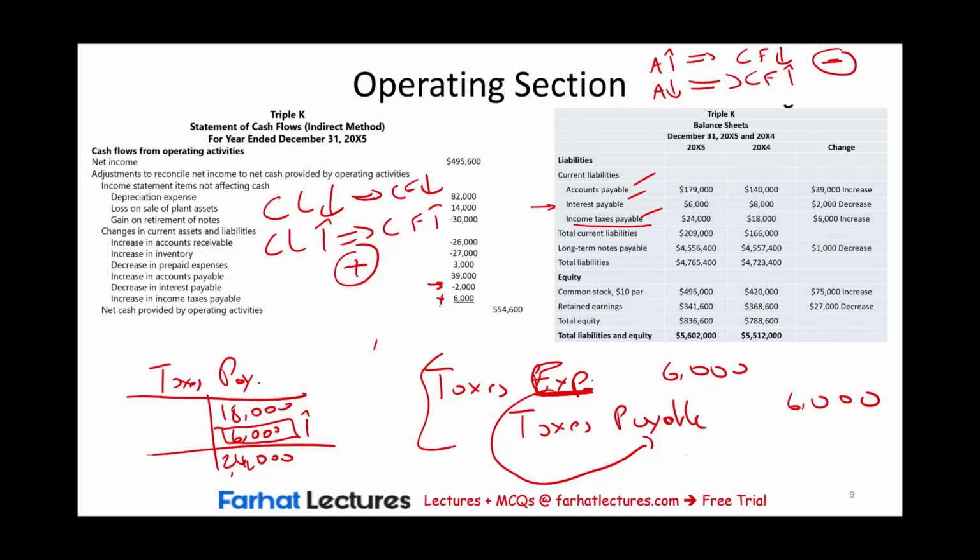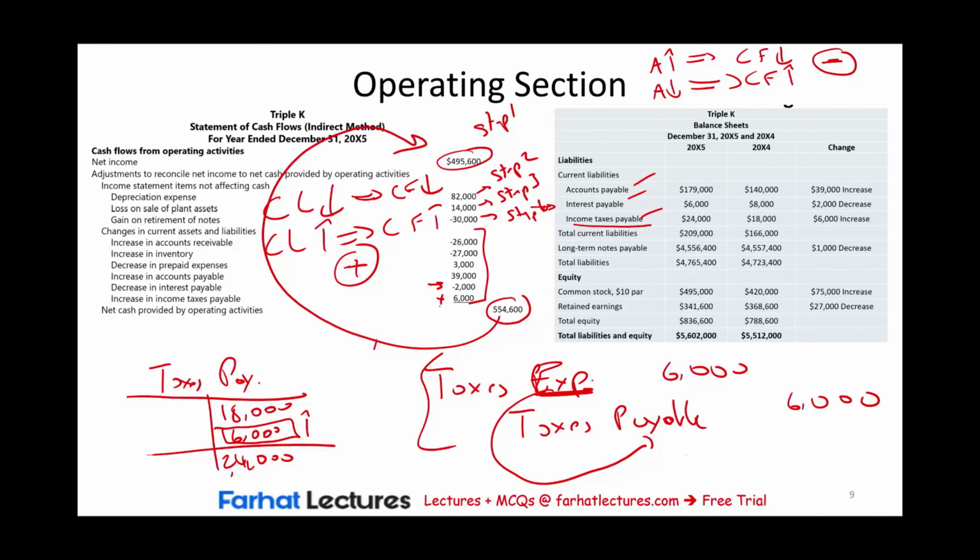Now we are ready to sum up the operating section. So we started with net income, step 1. Remember, this was step 1. This was step 2. This was step 3. This was step 4. And those were step 5, analyzing current assets and current liabilities. Then we net them out. And the company made $554,600 net income on a cash basis versus the accrual net income.